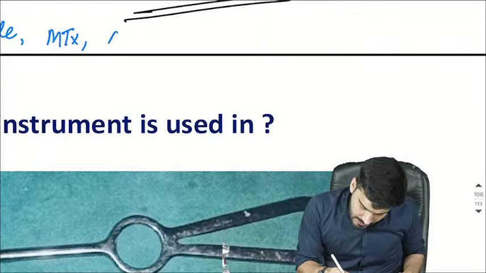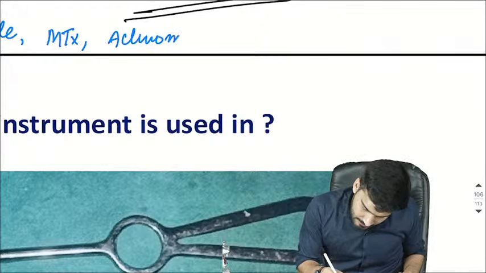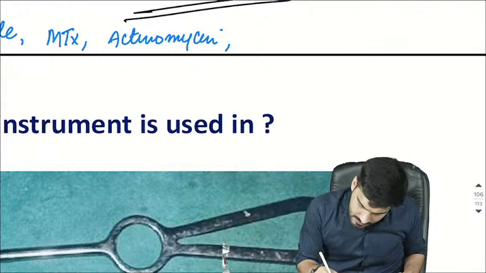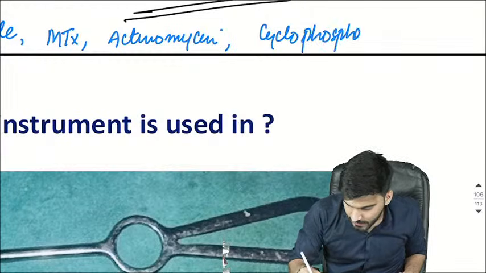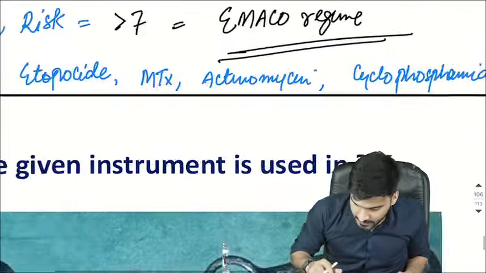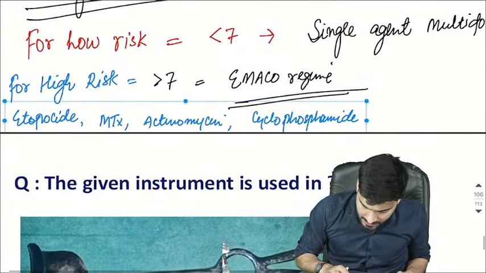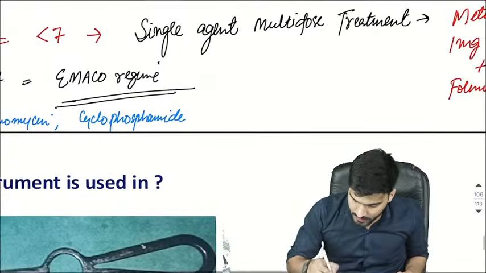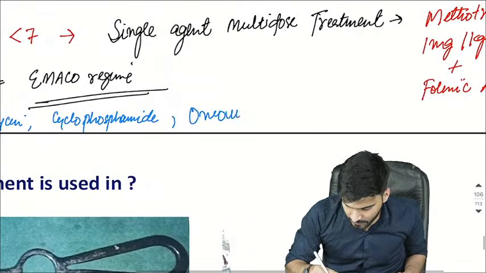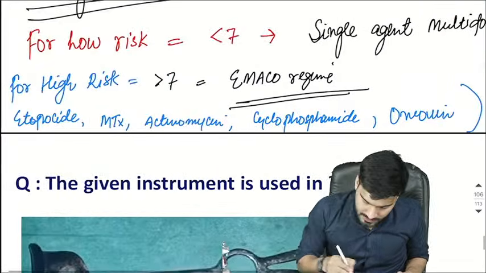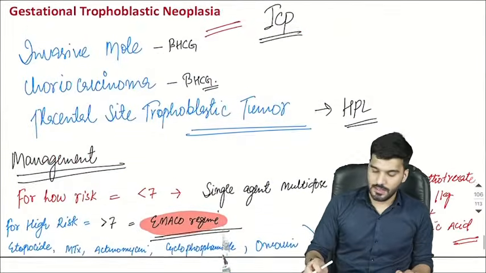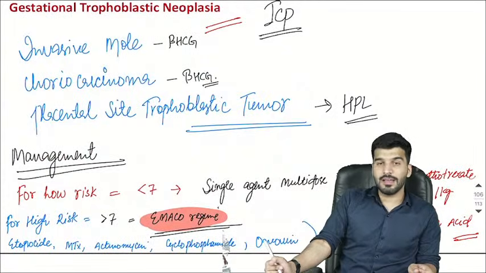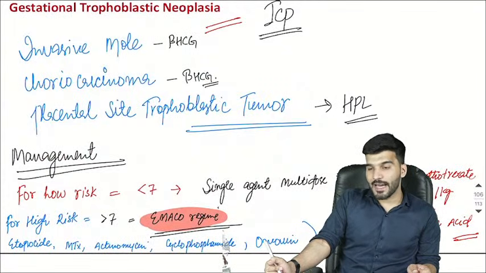Then A is actinomycin. C is cyclophosphamide, which causes hemorrhagic cystitis as well. And O is oncovin, which is called vincristine as well. So remember this EMACO regime as well. Clear? So that is all about the management.